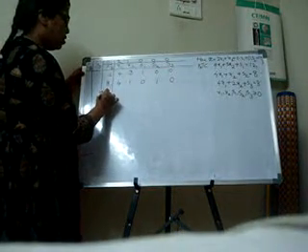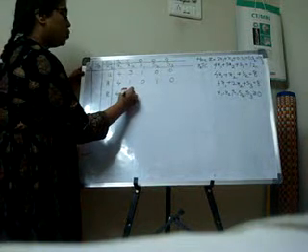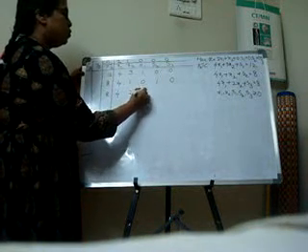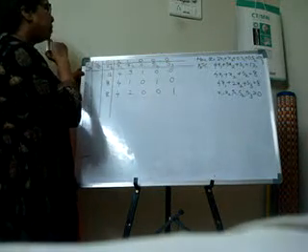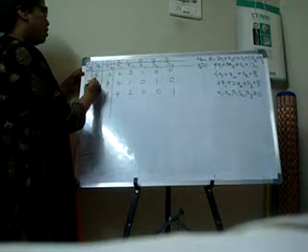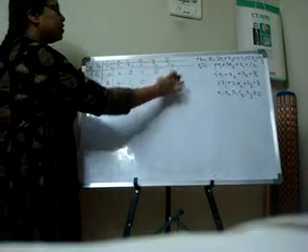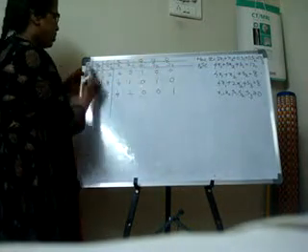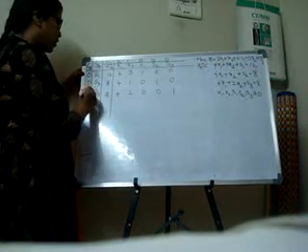And then 8, 4, 2, 0, 0, 1. The identity matrix is at S1, S2, S3. And the cost of S1 is 0, S2 is 0, S3 is 0.